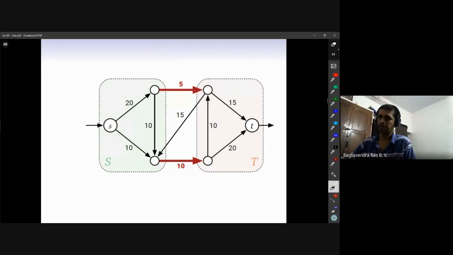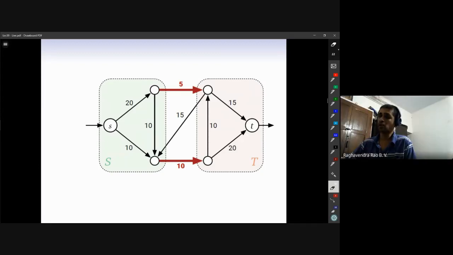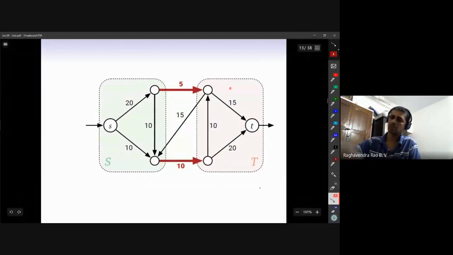So we are selecting edges which go across the cut, right? Yes, which go across, but only in one direction. We are conscious of the direction. The direction should be from the set that contains S to the set that contains T. For example, in this cut that I have described, I am not considering the edge from this vertex to this one with capacity 10.